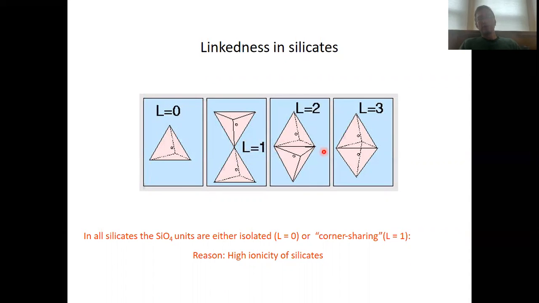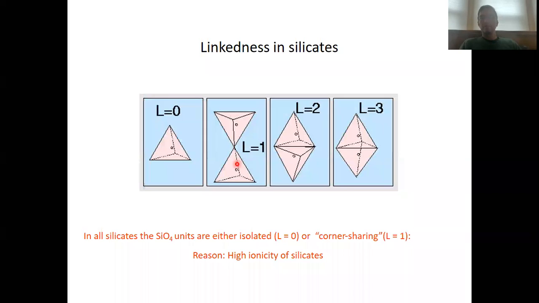When two corners are being shared, then actually an edge is shared and the linkedness is 2. And when 3 corners are being shared, as shown here, that means that a face is shared, then L is equal to 3.